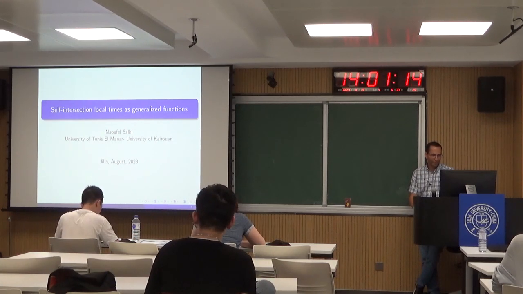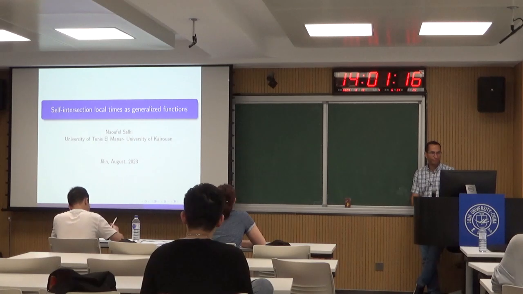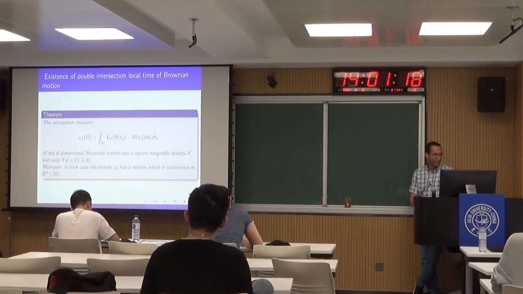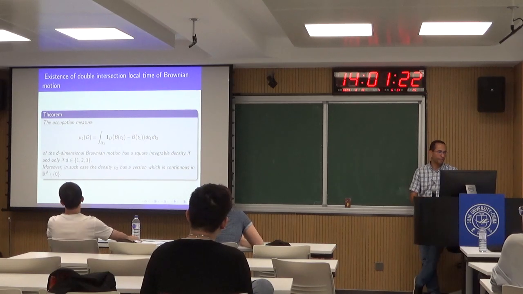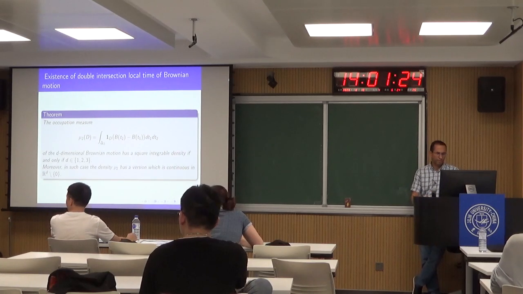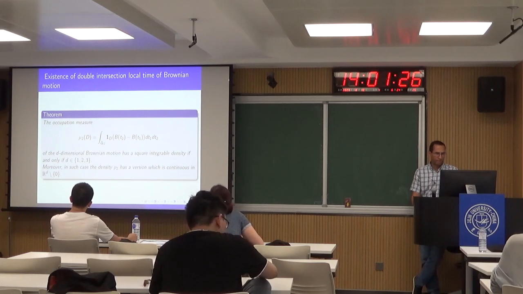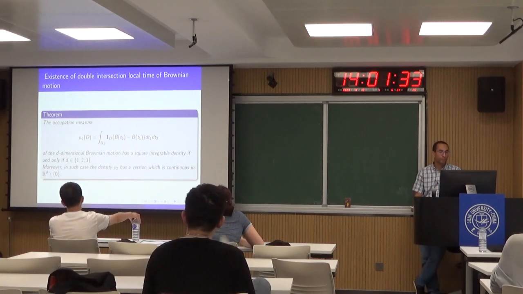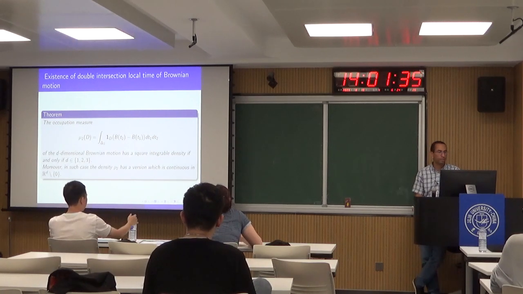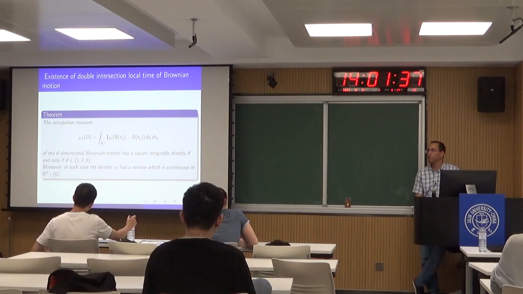So let's continue our investigation of self-intersection local times. And here I will first recall the result that we discussed in the second lecture about double intersection local time for the Brownian motion. We said that it only exists if the dimension is less than or equal to 3.